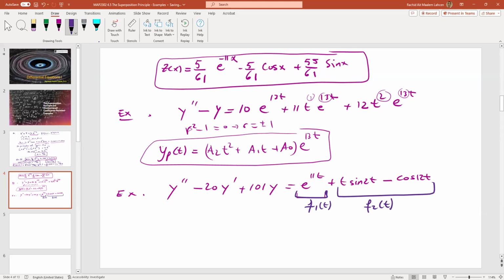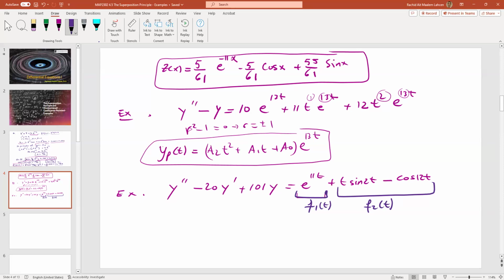Then we can come up with their particular solutions. Let's say I do r squared minus 20r plus 101. Try that: you get 400 minus 4 times ac, and you will get the roots r1 and r2.